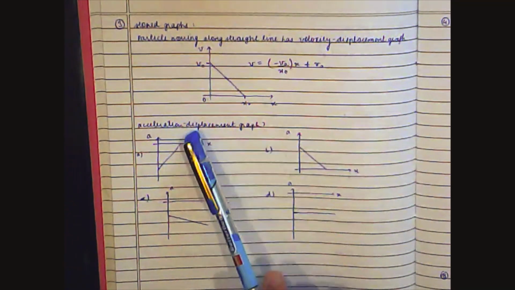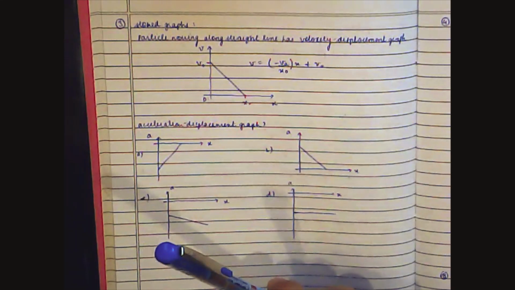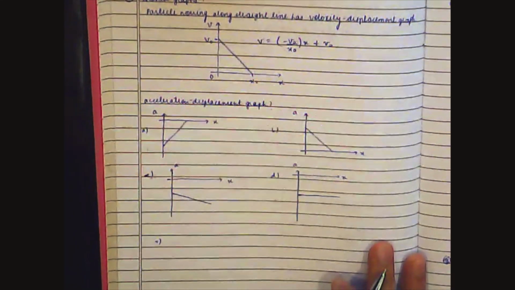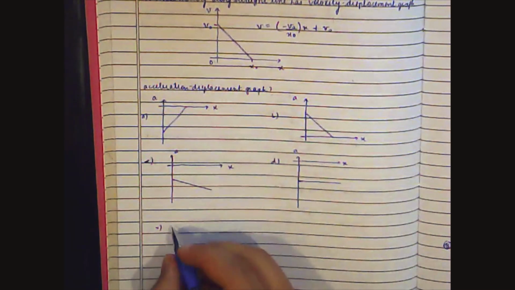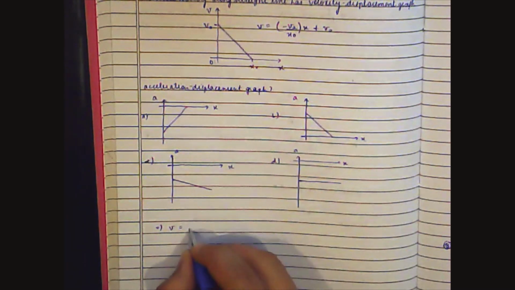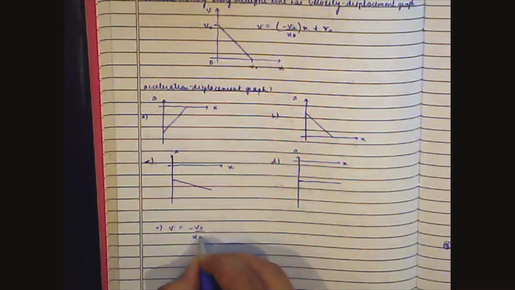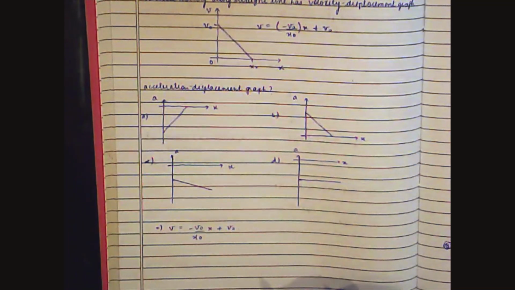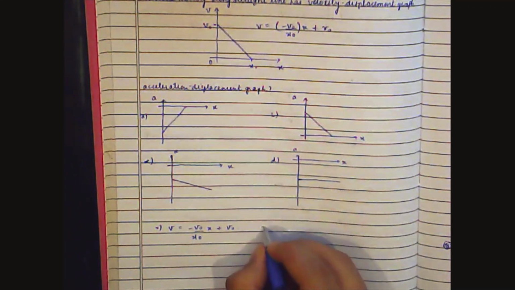So okay, let's take this equation here and write v equals minus v naught by x naught into x plus v naught, right? Now let's take derivative of this with respect to x.